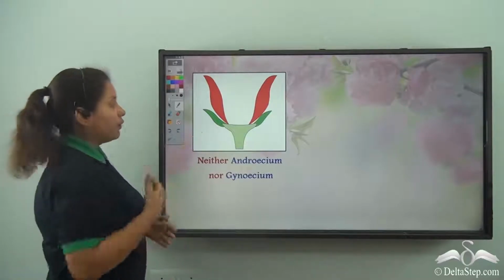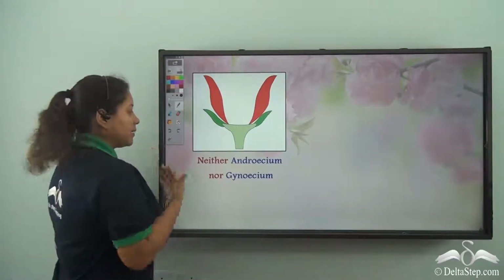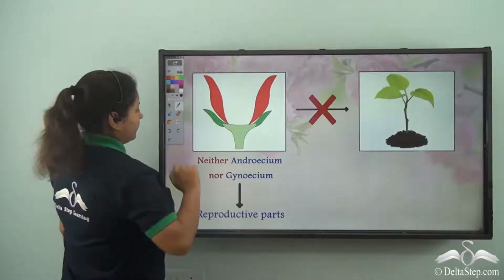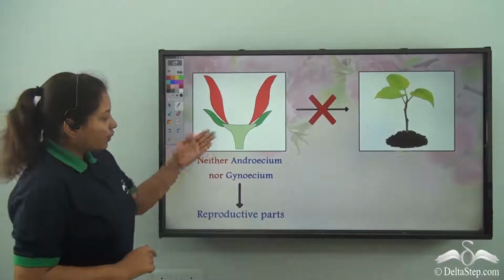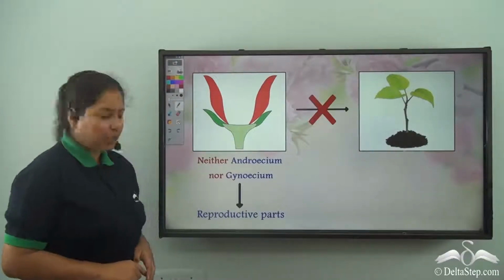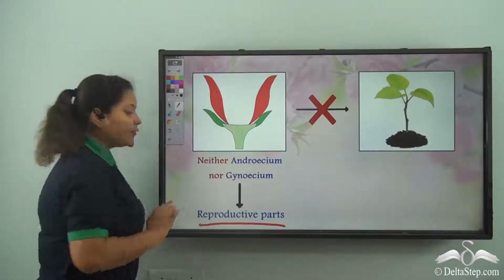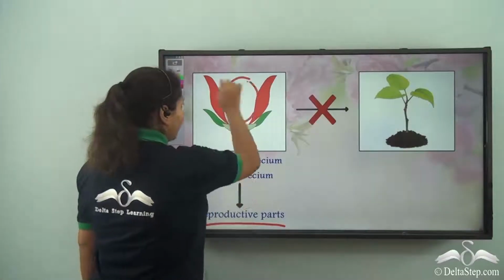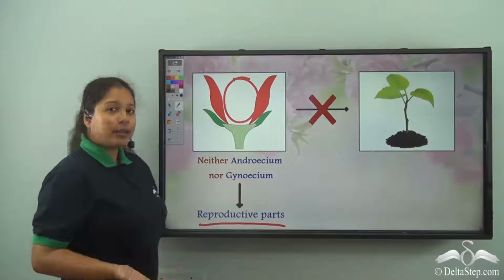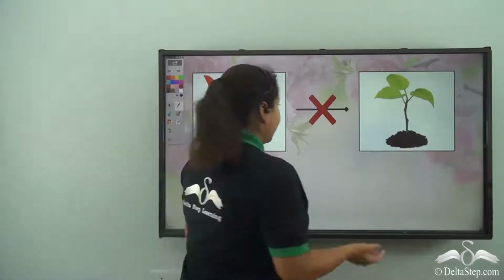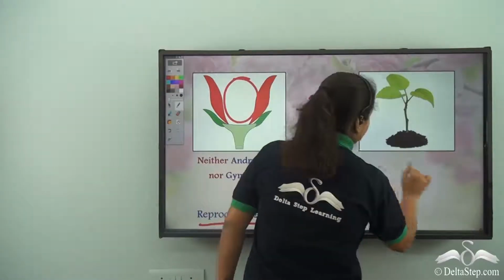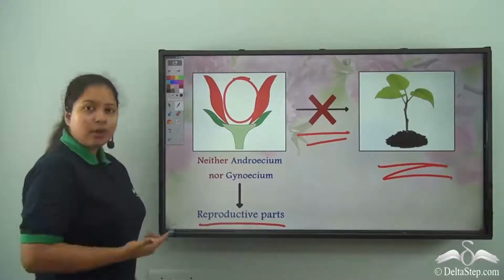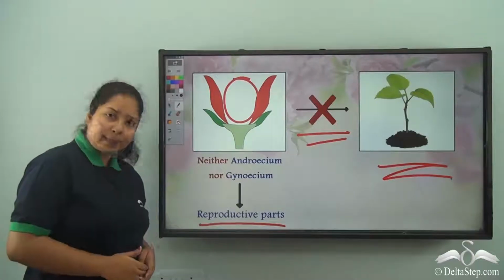Now, look over here in this flower. It does not have an androecium or gynoecium. Now, we know androecium and gynoecium are the reproductive parts. So, what will happen if this flower does not have any androecium or gynoecium? Well, then we will not get any plant from this flower because it does not have any reproductive part.